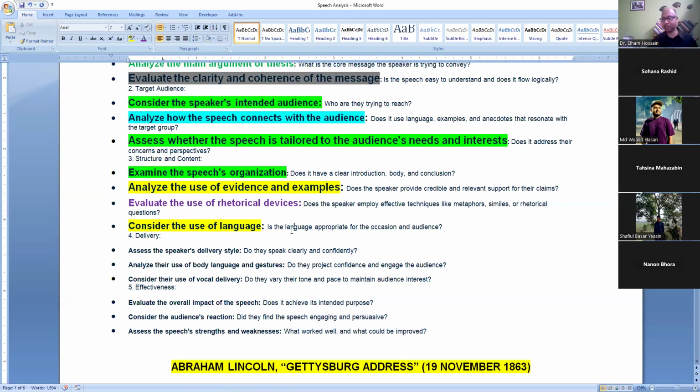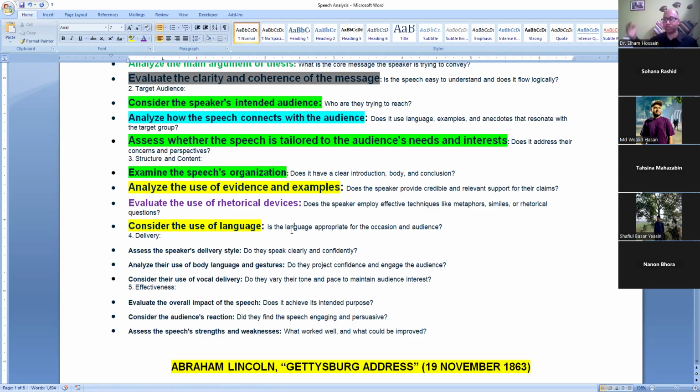So while analyzing this aspect, we have to think of the language of the speech. Another important thing: the audience again decides the language. While you are addressing academicians, suppose you are delivering a speech in the presence of professors, scholars or researchers, your language should have the sophistication that suits the environment of that particular congregation.